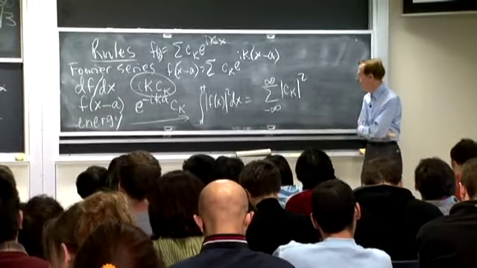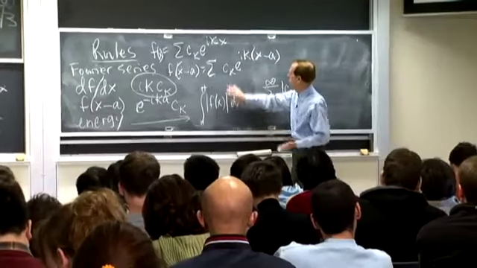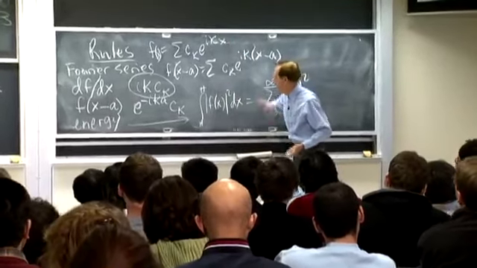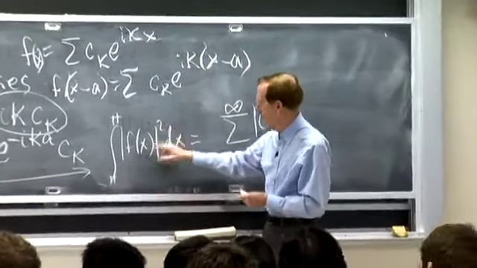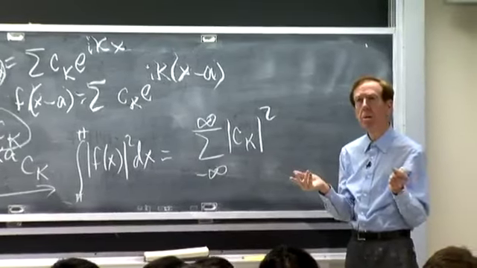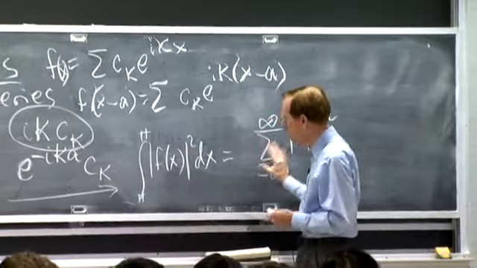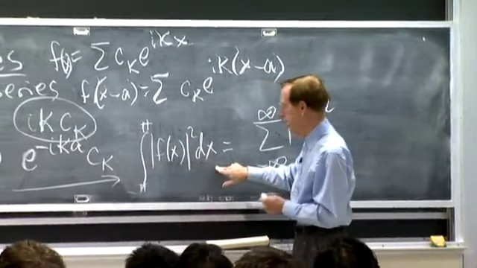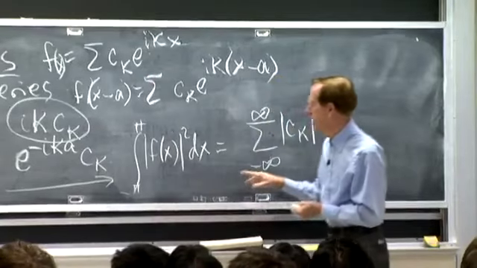Where does it come from? You remember how to get this? You put that whole series in there, multiply by its complex conjugate to get squared, and integrate, right? That was the idea. We started with length squared. We plugged in the Fourier series.